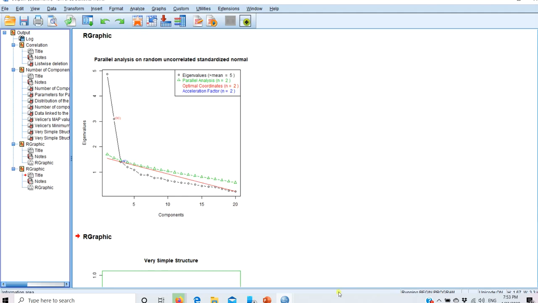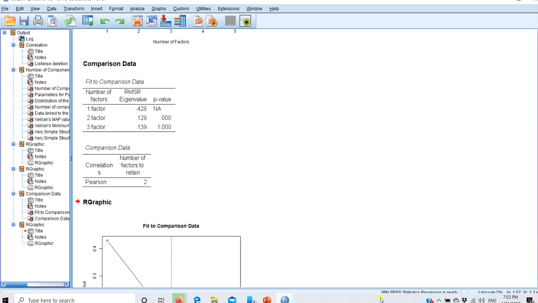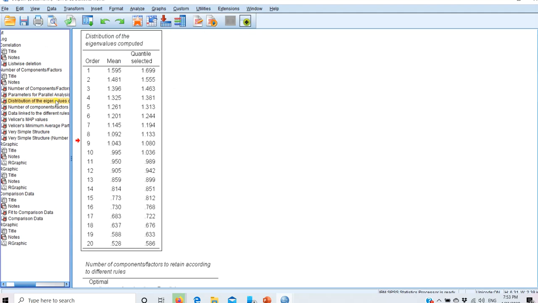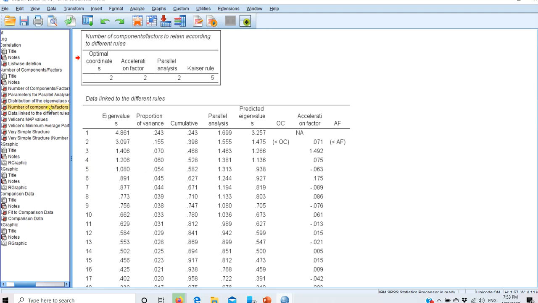Still the program is running. Now all the outputs are there. Let us see each and every output and learn how to interpret. This is the distribution of eigenvalues computed. This is the mean and this is the quantile. The number of components and factors, this is one important output.